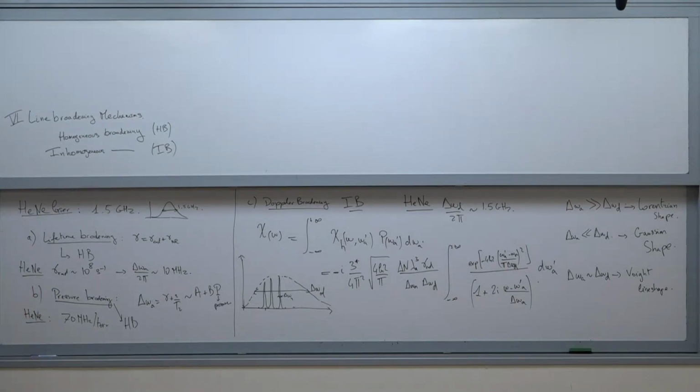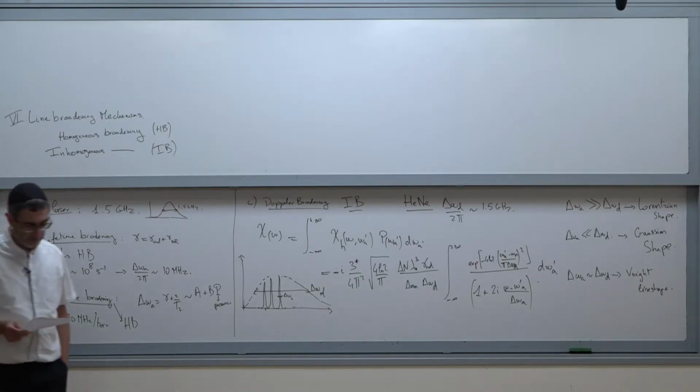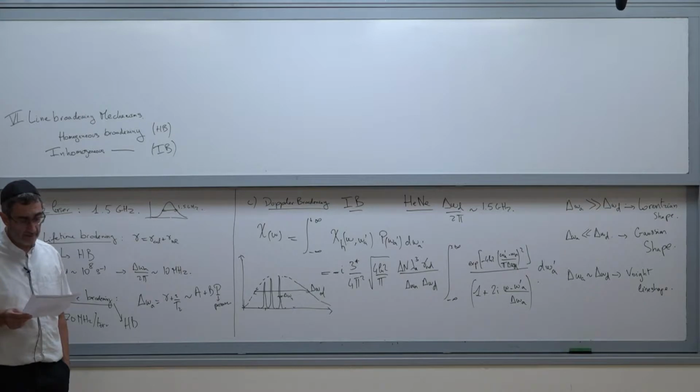Just to finish this chapter, maybe just a few examples. What do we have here? It was on the presentation. I have examples of different types of lasers. The YAG laser is homogeneous. It's a solid. All the solid lasers are mostly homogeneous.